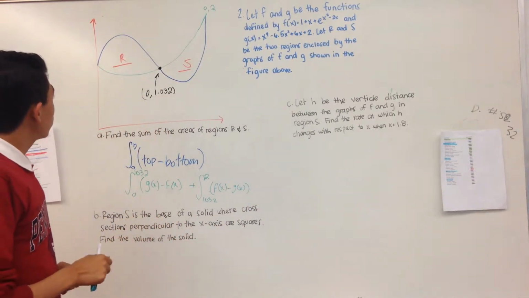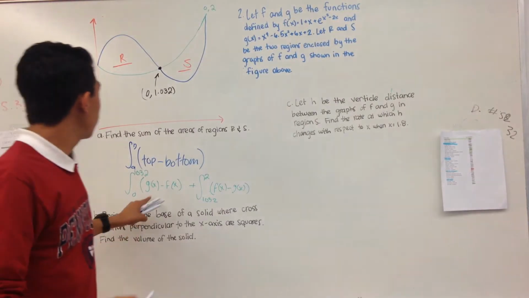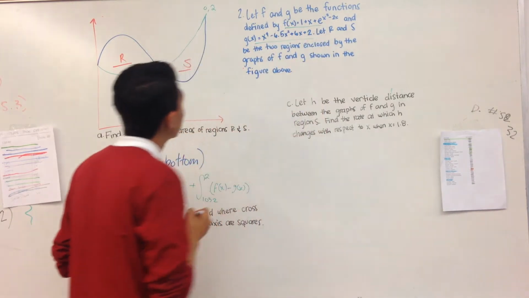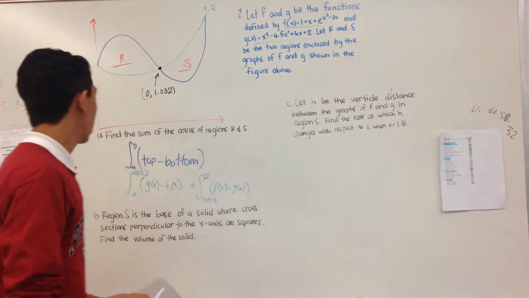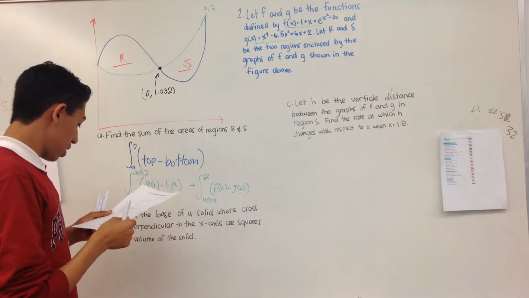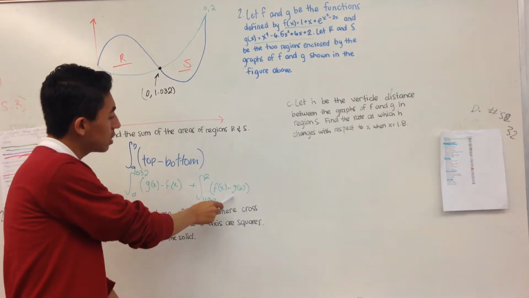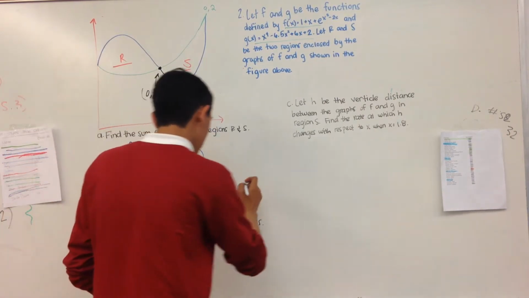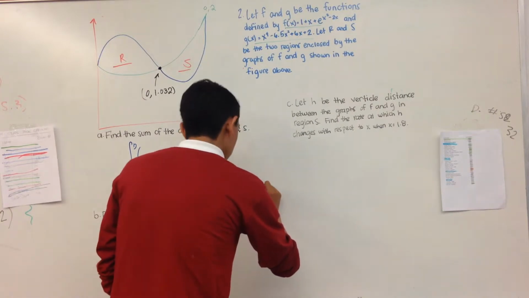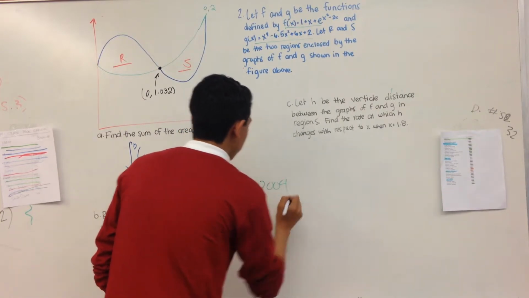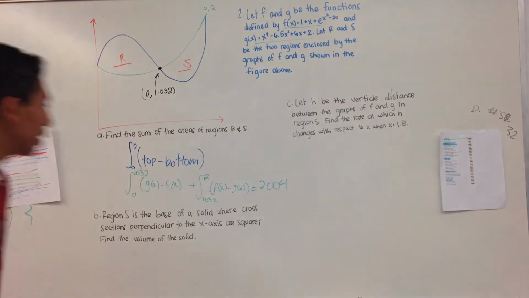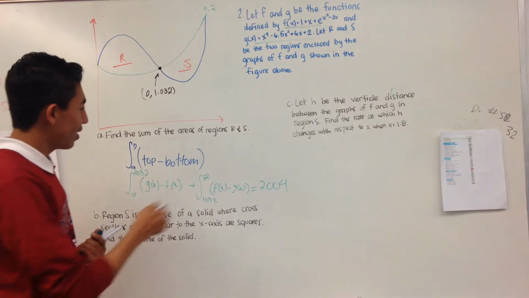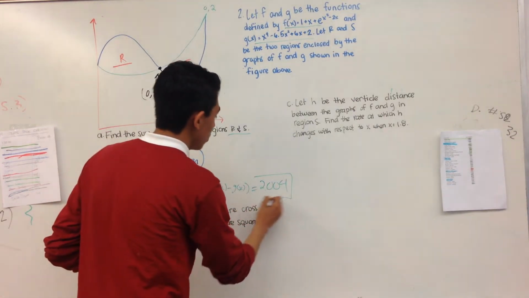If you plug in both of these areas into your calculator and enter them correctly, your answer would be 2.004. And that would be the sum of the total areas of regions R and S. So this would be your answer.